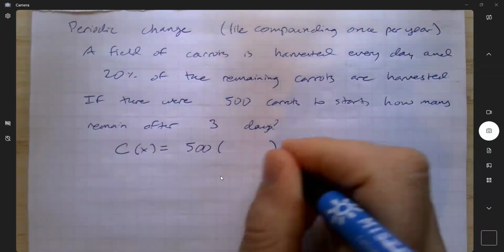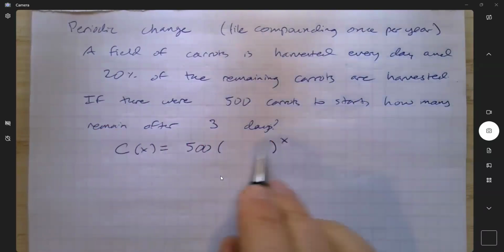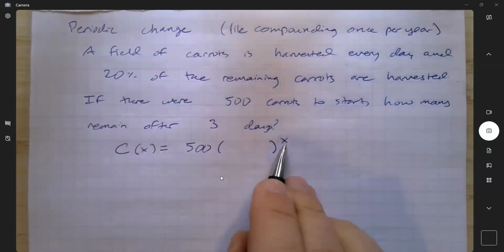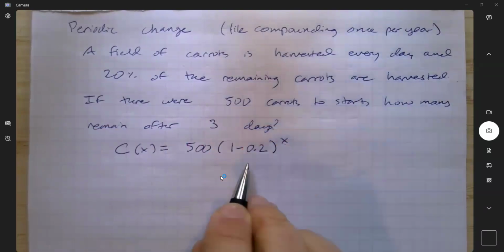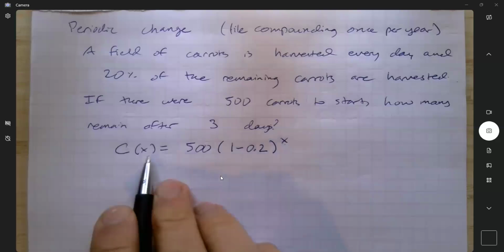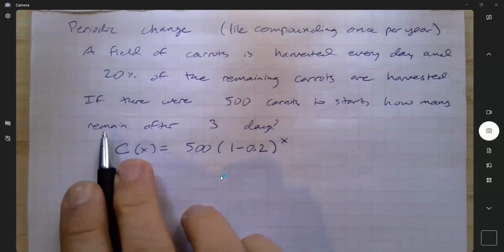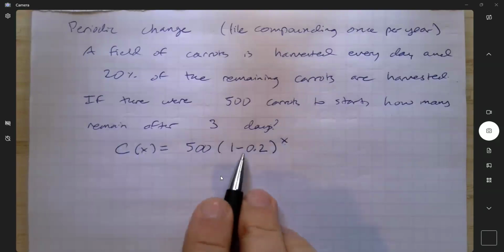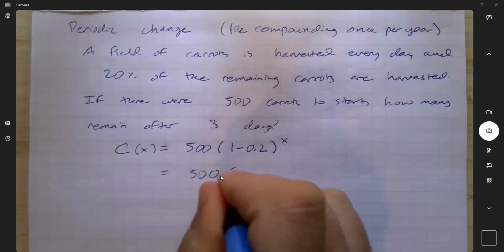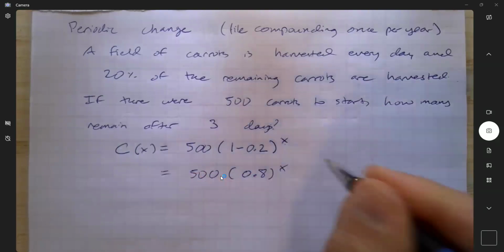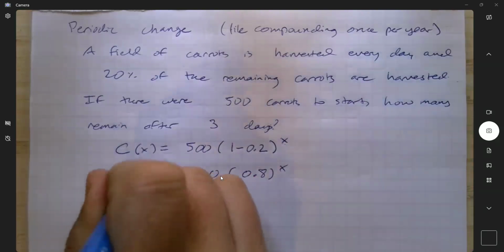And then we're going to multiply by something raised to the power x, where the x is in days. And what we multiply by is 1 minus 0.2 because they're taking out 20% every day. Because the number of carrots is always what's remaining. So if we're removing 20%, then 80% is remaining.